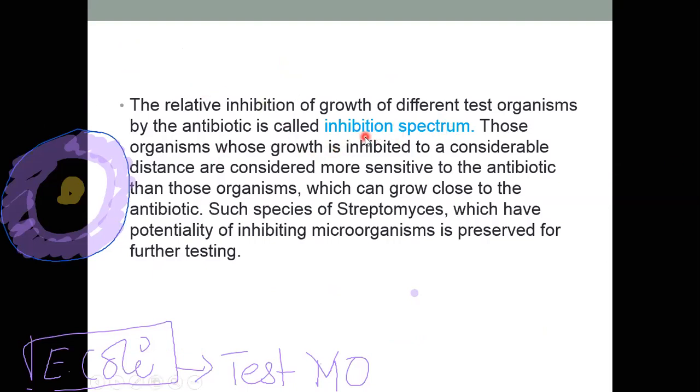Now let's look into what inhibition spectrum is. Inhibition spectrum is when you look into different test organisms, meaning you are testing it for E. coli. So let's say you also want to test against Staphylococcus species, right?